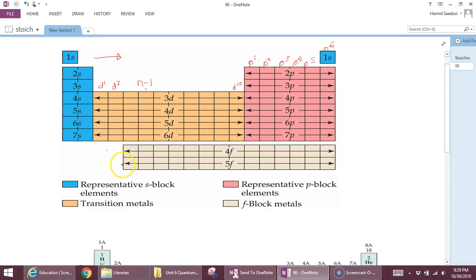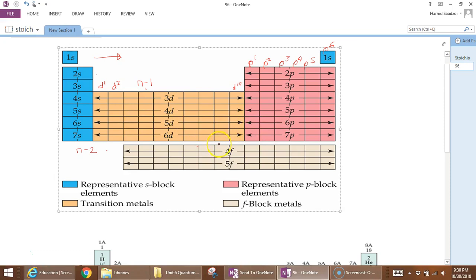These two F block elements are actually members of period 6 and 7. And the way you figure out which F you're starting with, it's n minus 2. So it starts after 6s, so it's 6s, then it's 4f, then it's 7s, and then 5f. I should point out it should go 6s, 4f14, then the D's come into play, 5d10, and 6p.